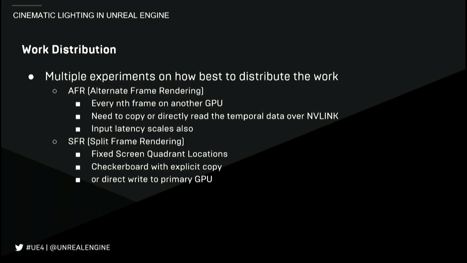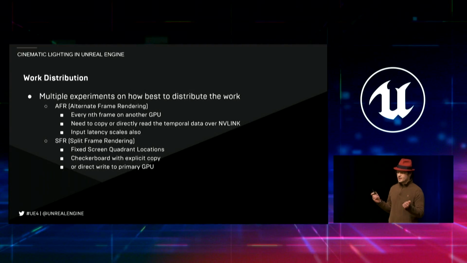Another option we looked at was SFR, split frame rendering, where you can either have fixed quadrant locations for each GPU, or some sort of checkerboard pattern, and you can either copy the data over to the primary GPU or directly write it there.